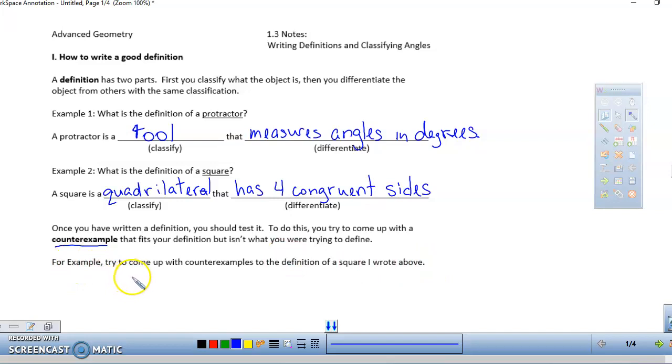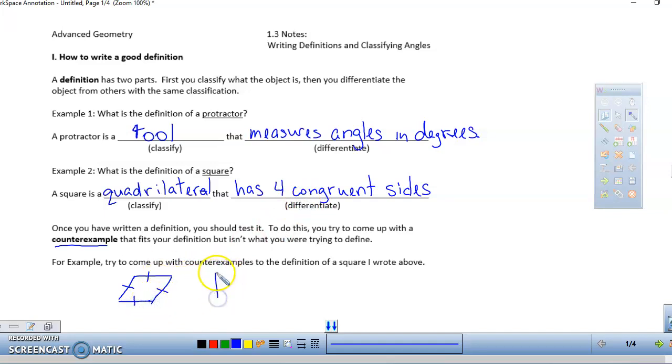So you can draw a counterexample pretty easily. So I can draw a quadrilateral that is tilted, but it still has four congruent sides. That's actually called a rhombus. So this is not specific enough. So you want to be concise, like use the least amount of phrasing as possible, but you also have to be specific enough.